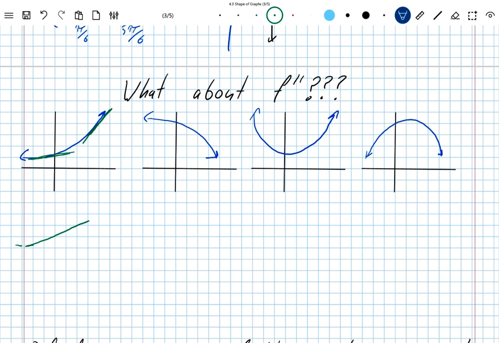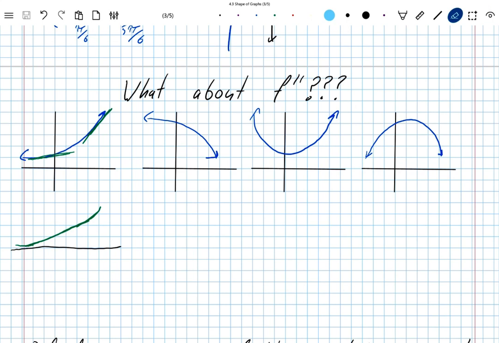In fact, maybe it's even asymptotic here. Maybe it's even curling up. So if this is my x-axis, it's always positive, but as I go to the right, as my original function gets steeper, my derivative function needs to go up. And it looks like it's kind of approaching 0 but never getting there, so maybe this is also asymptotic.